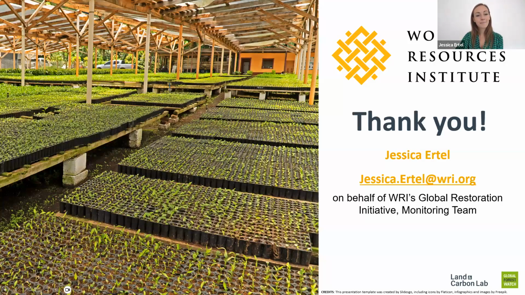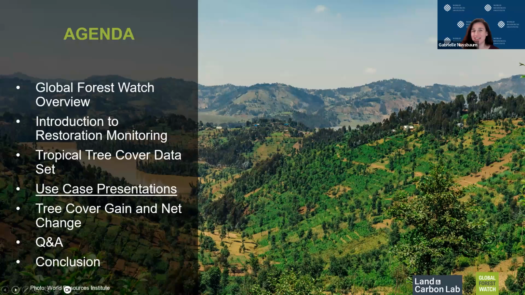Great. Thanks so much, Jessica. We've already got a lot of questions coming in. Some of them we'll answer as they come in, others we'll answer live during the Q&A, especially if there are a lot of similar questions. So now that we've been introduced to the tropical tree cover data and what's coming up in the pipeline for it, let's learn a little bit about how it's being applied.